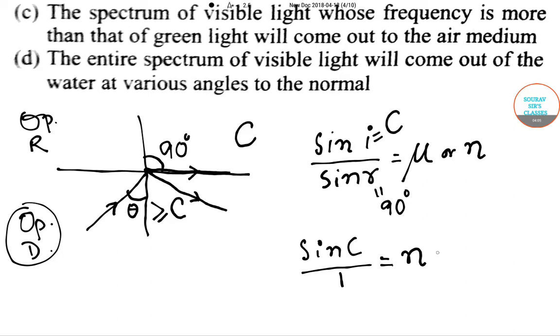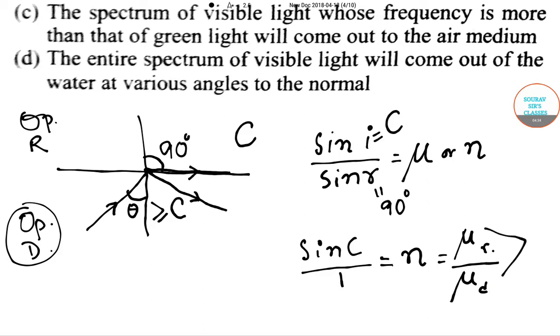But we know this n, that is the refractive index, can be written as mu of rarer medium divided by mu of the denser medium.